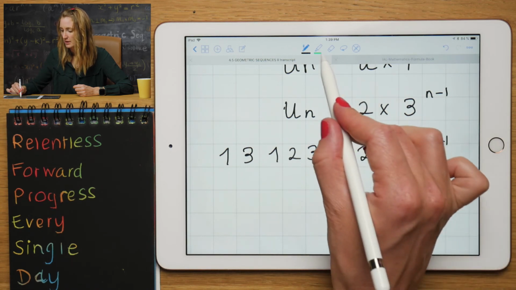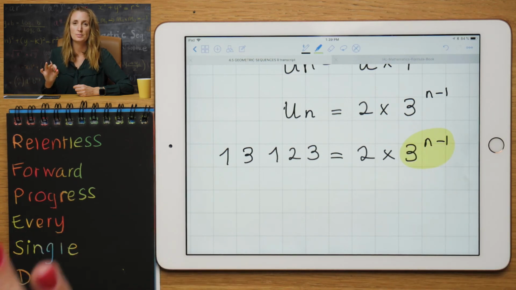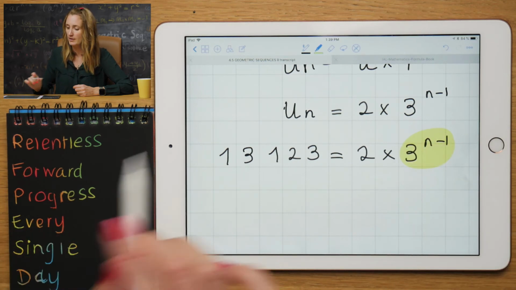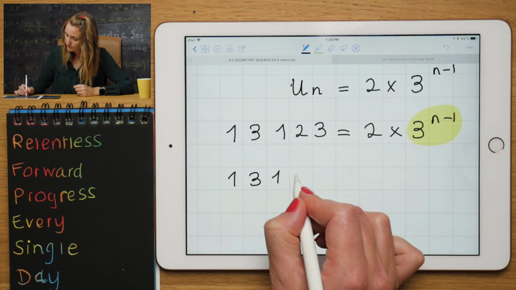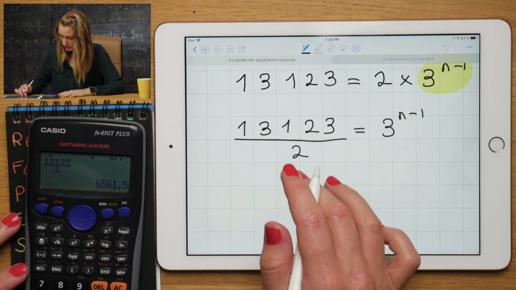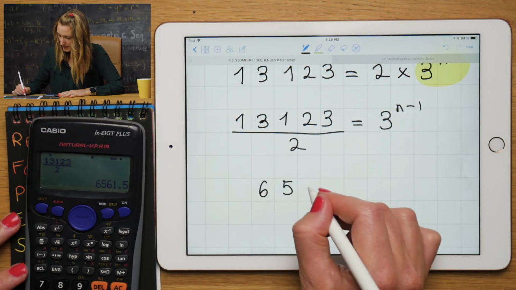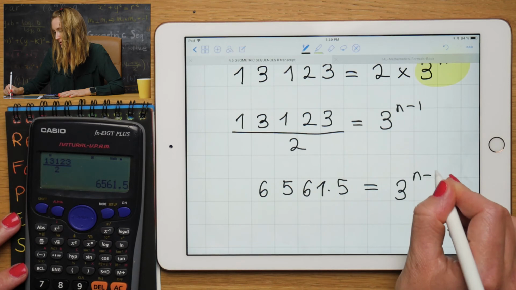So that means that the 3 to the n minus 1 here should be the subject. It should be the only thing left before you take logs. So I'm going to divide this side by 2. So here I have 6561.5 is equal to 3 to the n minus 1.